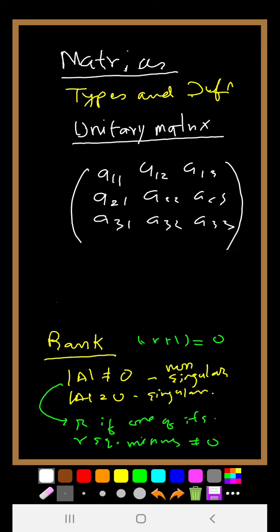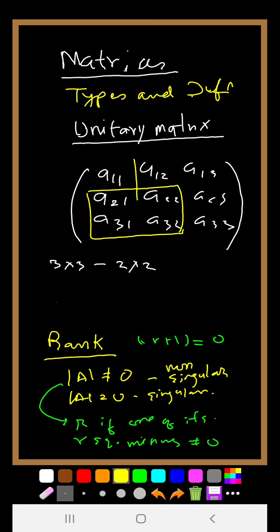This is a 3 cross 3 matrix, so its minor will be any 2 cross 2 matrix.